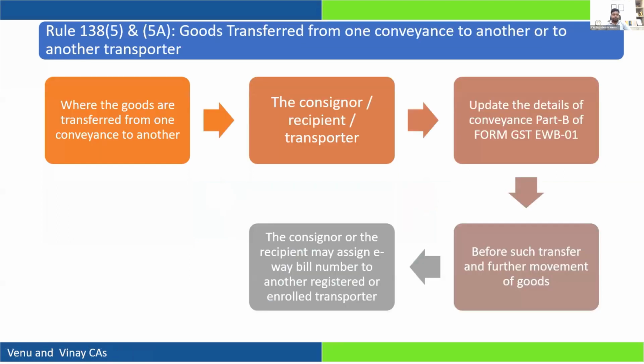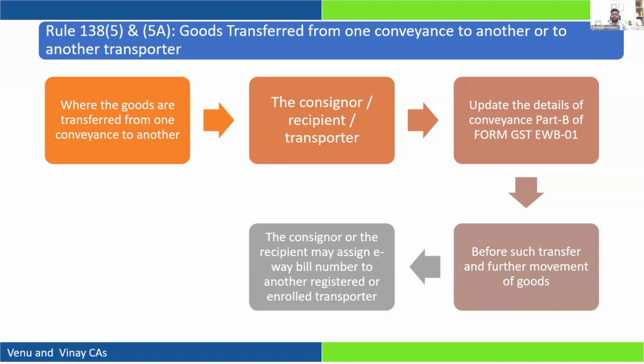So coming to Rule 138, sub-rule 5. In case of goods transferred from one conveyance to another conveyance or to another transporter, for example if a vehicle breaks down, the goods need to be shifted from one vehicle to another vehicle.